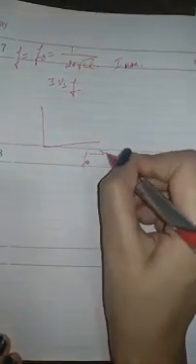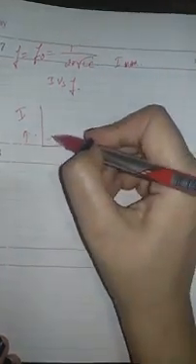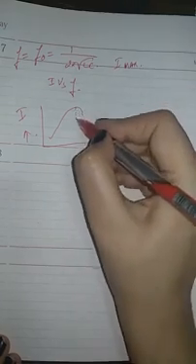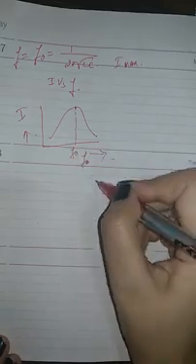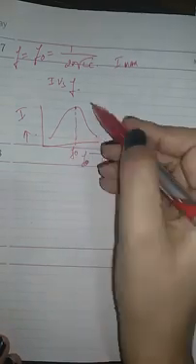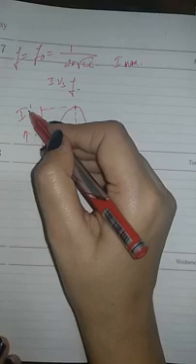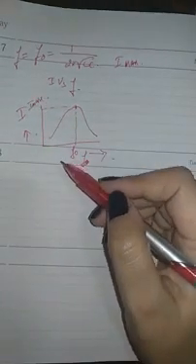Remember that the current will be maximum. F0 is on the x-axis, I is on the y-axis. If you draw a graph, you will get a graph like this. This point is your F0, and this part is the I max, or maximum current.